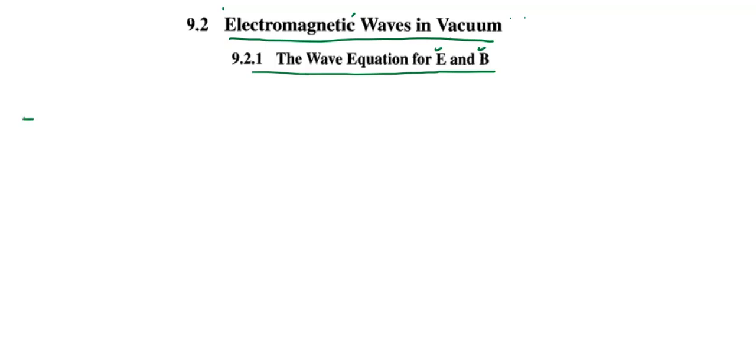Maxwell in 1865 predicted the existence of the electromagnetic wave, but we had to wait 23 years for the experimental confirmation of the existence of the electromagnetic wave. Maxwell's prediction was a theoretical prediction.